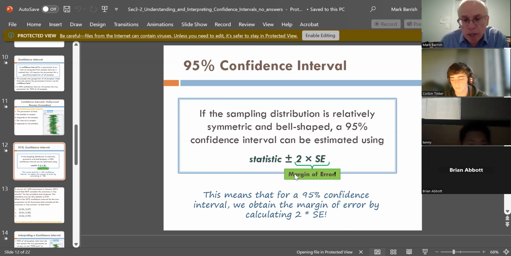And margin of error can be estimated by 2 times the standard error. Now, that's not always true, but it's approximately true if the sampling distribution looks to you to be symmetric and bell-shaped. We're going to talk more about that later.